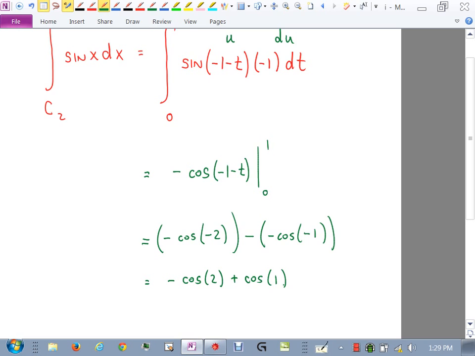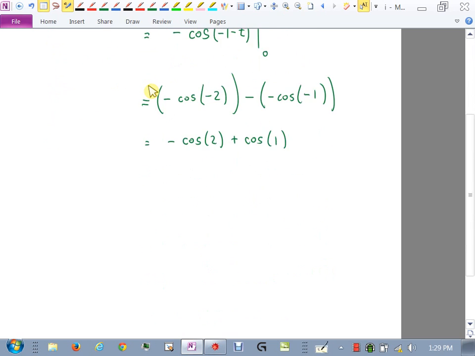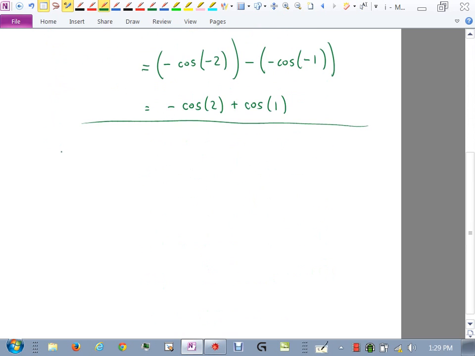Am I done? Nope. I still need to do the line integral along C2 of that other part, which was with respect to y. So now, line integral along C2, it was cosine y dy. For us, that'll be what? Same thing, 0 to 1. Cosine y, what's y? 3t.